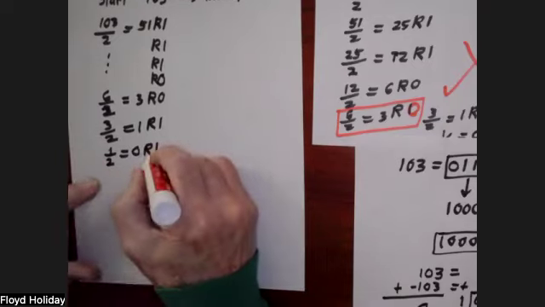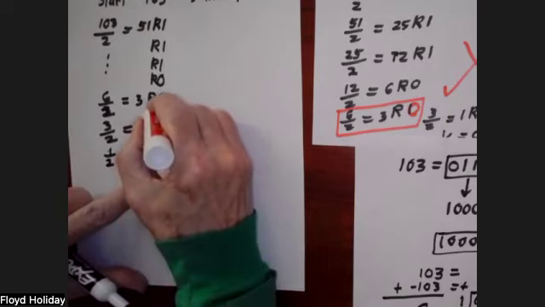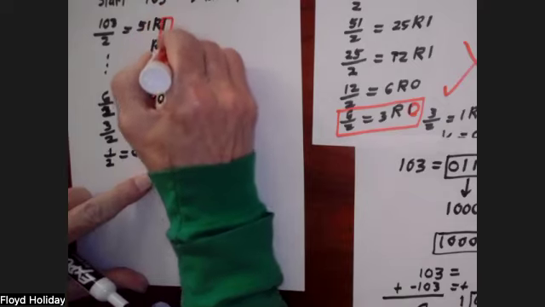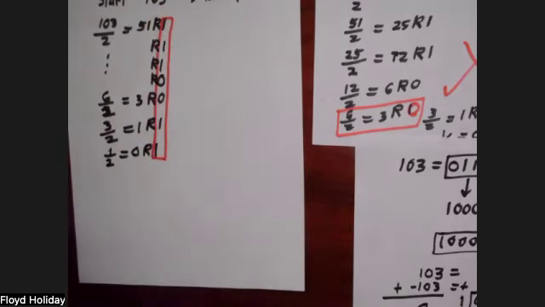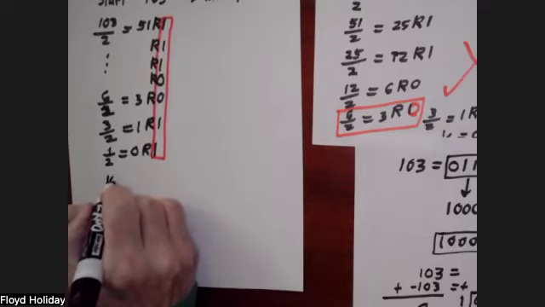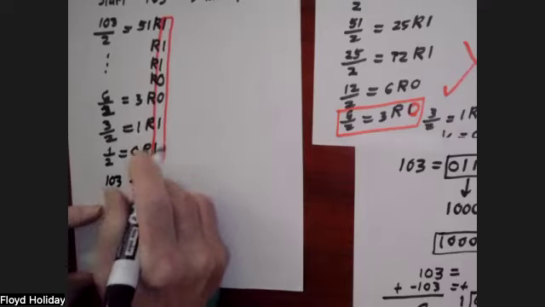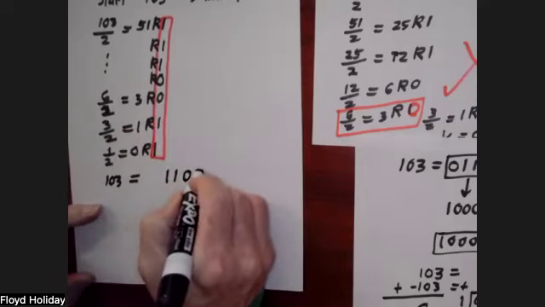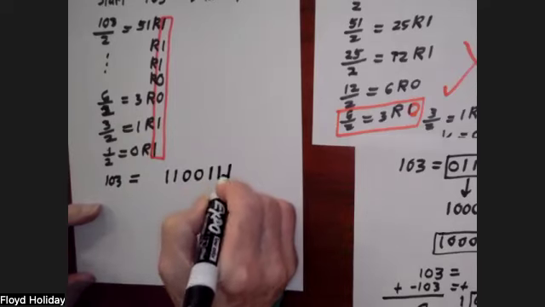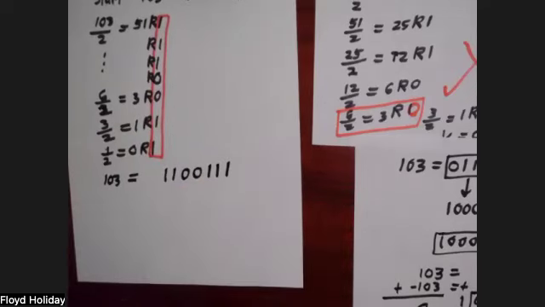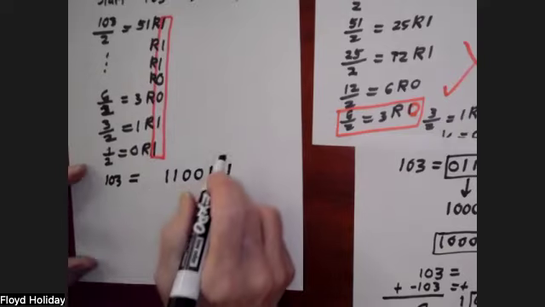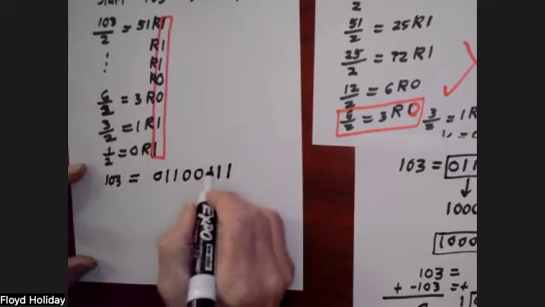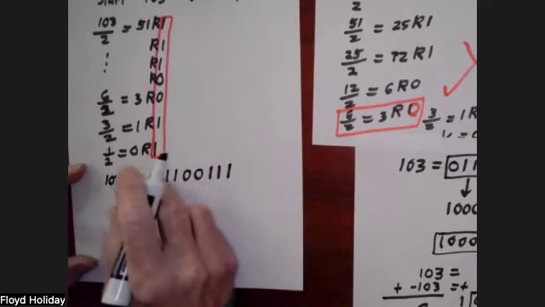We pick up 7 bits. And then you write 103 equals, reading upward, 1 1 0 0 1 1 1. But we have an 8-bit register. We had a 0 here. Okay, and that's a total of 8.